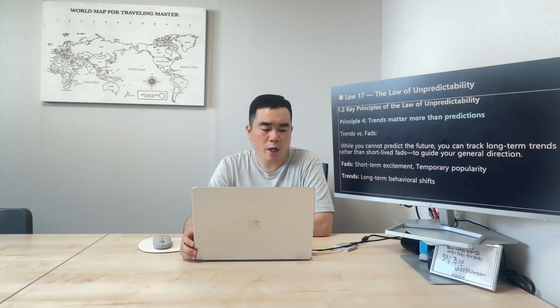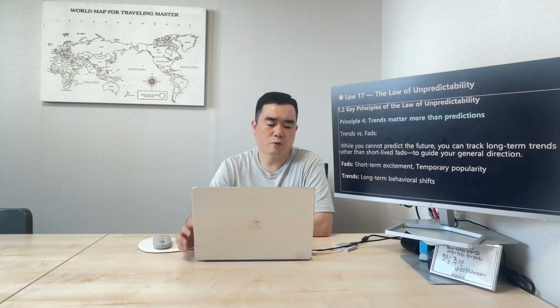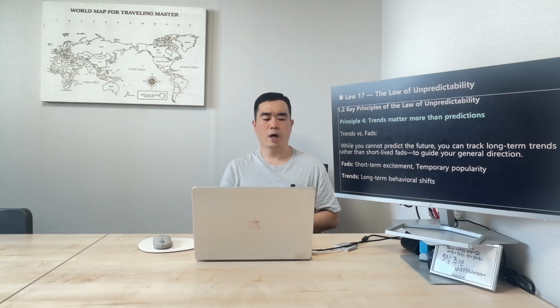And principle four is that trend matters more than prediction. So, trend versus fad. Please remember this. While you cannot predict the future, you can track a long-term trend rather than a short-lived fad to guide your general direction.